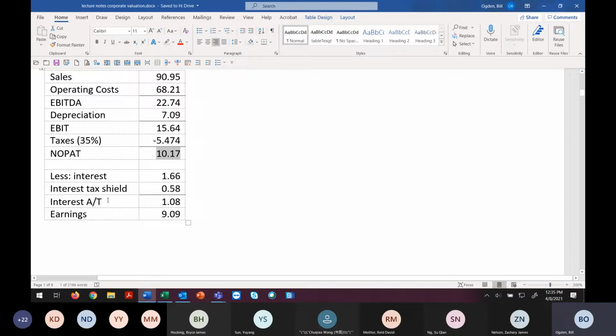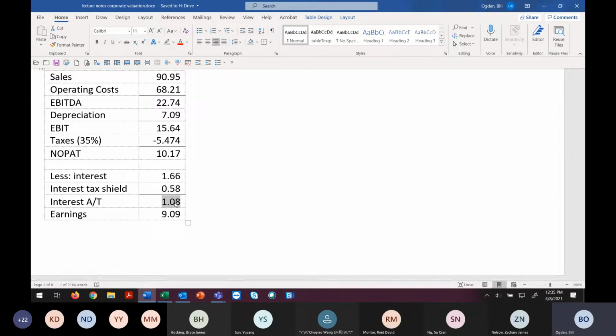So our interest after tax would be 108. So what's the difference then between NOPAT and earnings? It's the after-tax interest, isn't it? And that's what it is for our very simplified, sanitized example.